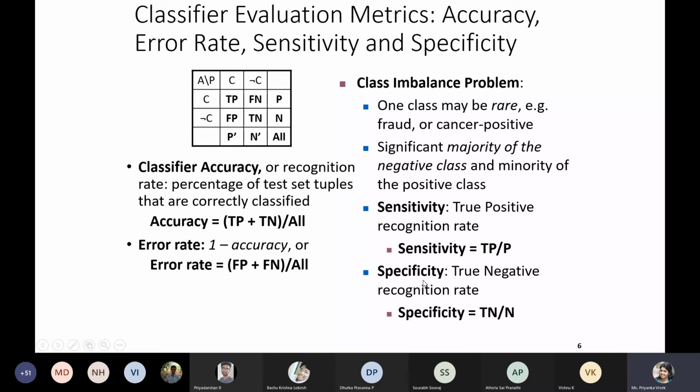If we consider these two, we can understand whether sensitivity is good and specificity is not. In the case of our previous cancer data, the sensitivity for the positive class would be bad. Then we understand that we are not able to classify one group, so there is some issue in our data. That's why we consider other measures also, not just accuracy.